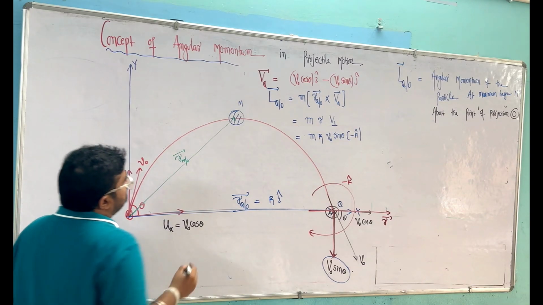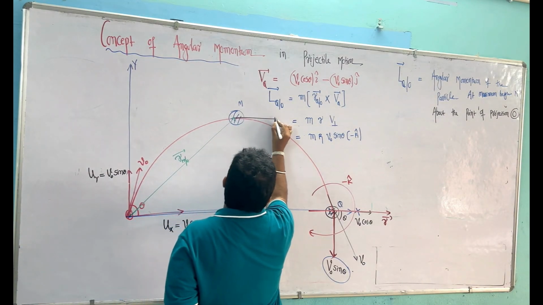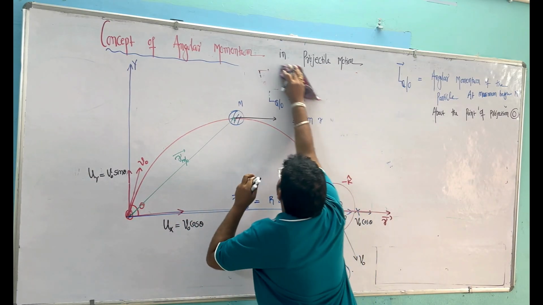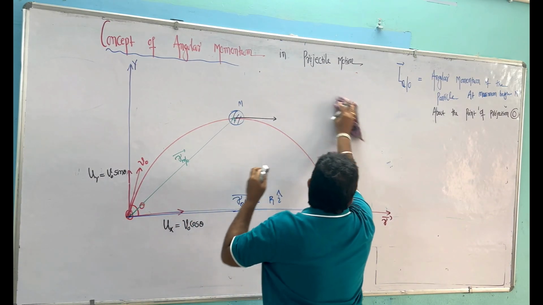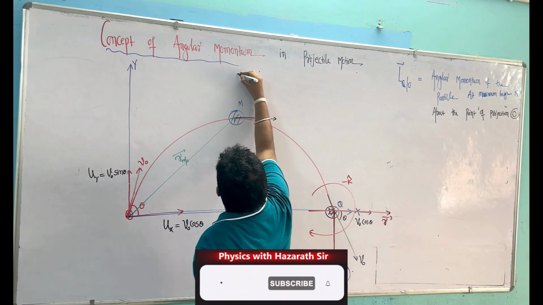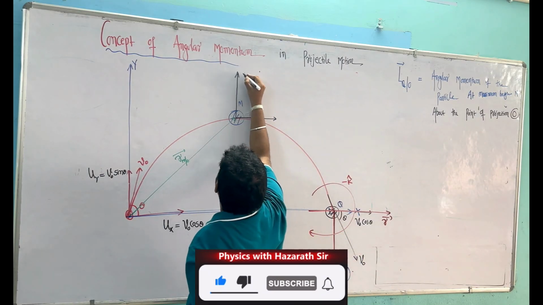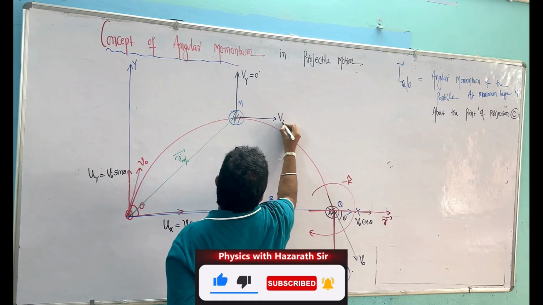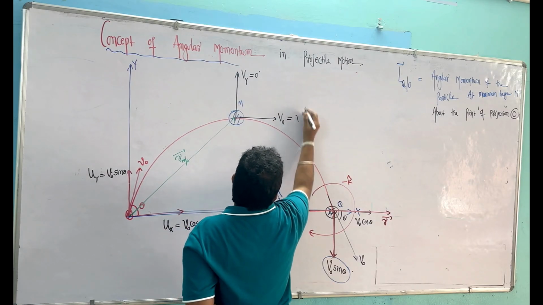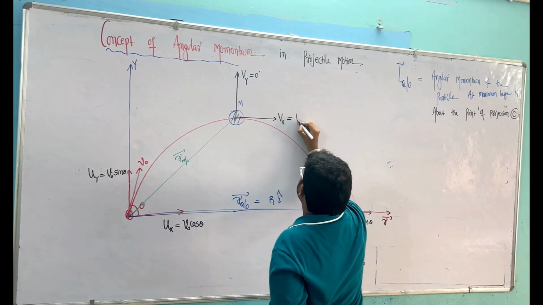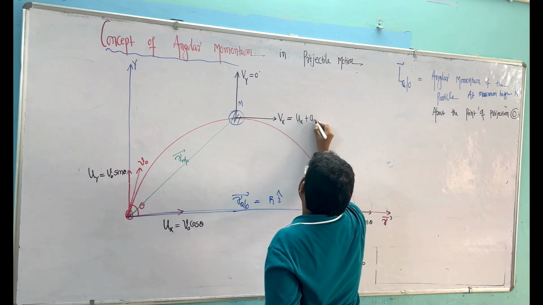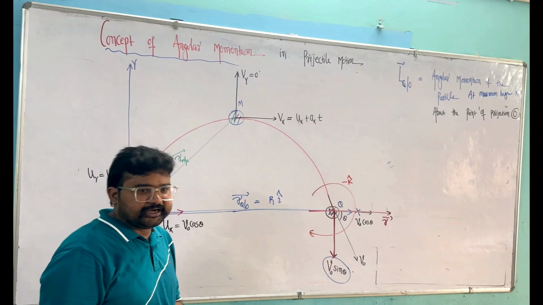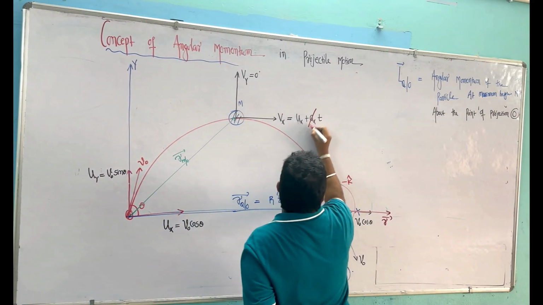Understood? So now, what is the velocity at this point? Vx, what is the Vm? Tell me, Vy equal to how much? Vy equal to 0. Vx equal to Ux plus Ax into T. Ax equal to how much? 0.